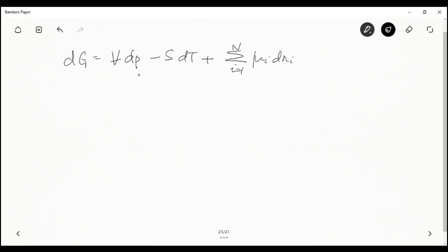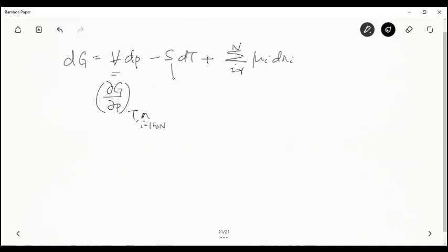Okay, so this is something that we wrote in the last class. In this we were able to write this as del g by del p at constant T and n, where n is i equal to 1 to n, all species numbers.